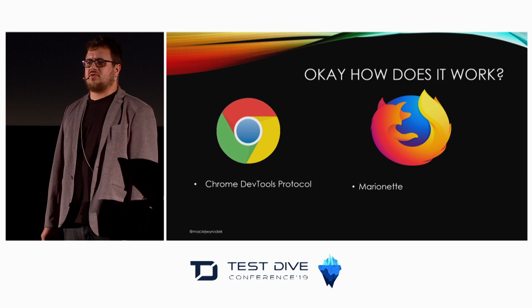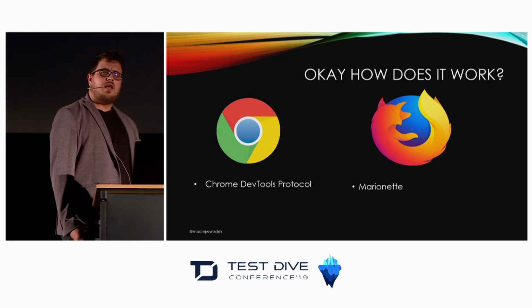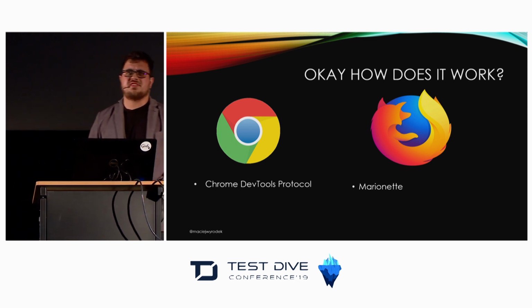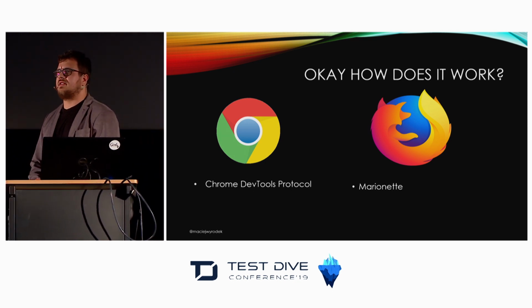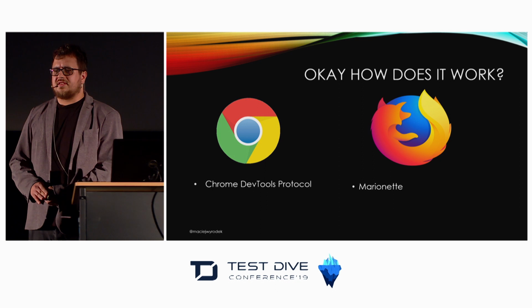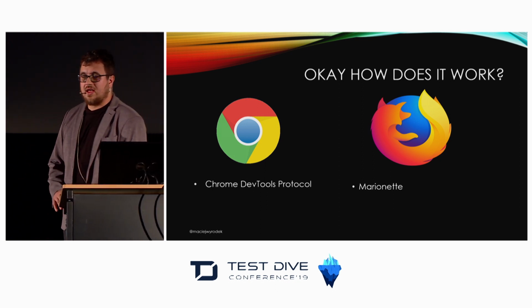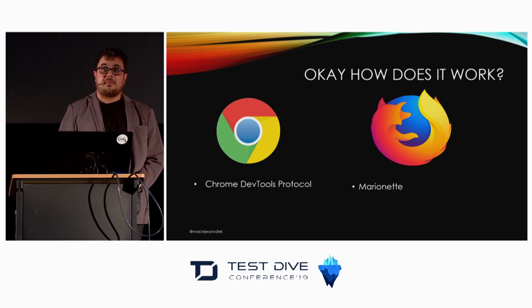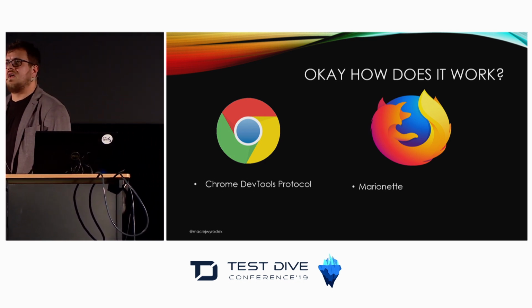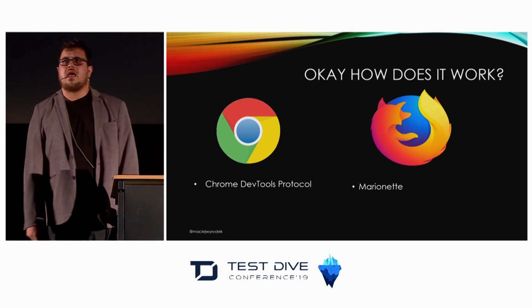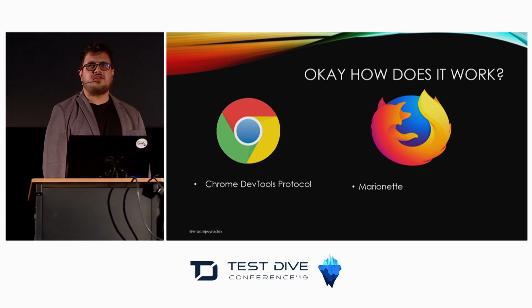The Chrome DevTools protocol and Marionette. Basically, Chrome has its own protocol. This is the protocol that is used by DevTools. If you click F12, this is the protocol that the DevTools use to talk with the browser. This is the protocol that Puppeteer and Cypress are using. They are basically using this, and that's why they don't need the WebDriver.